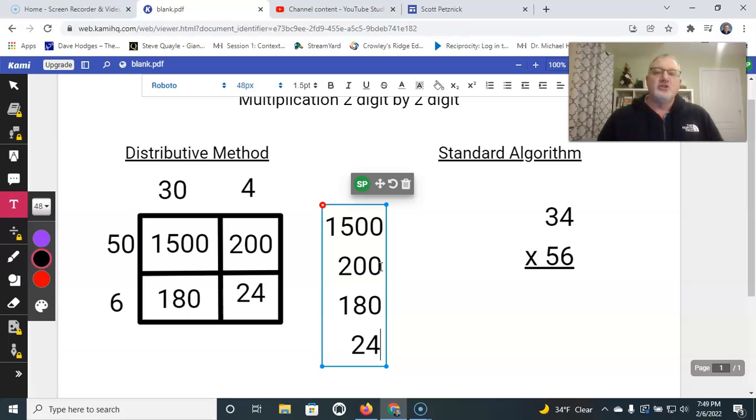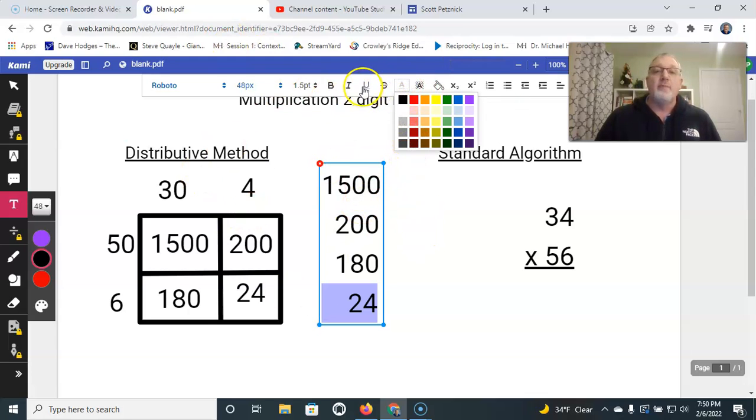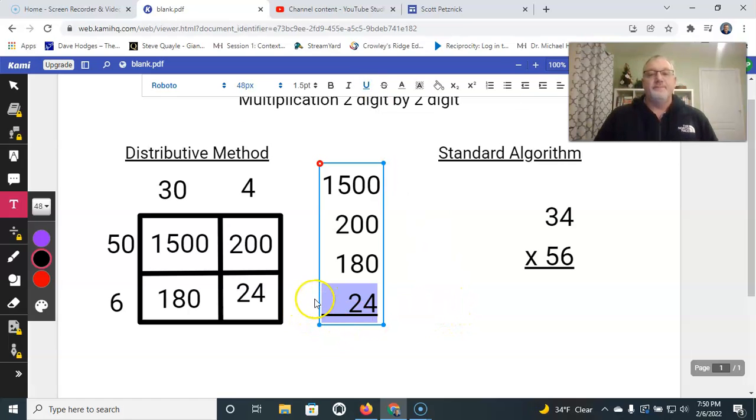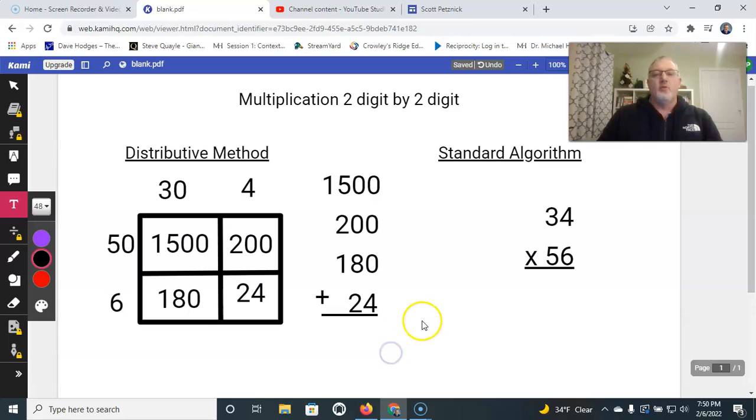If they go from largest to smallest, they tend to do a lot better of not making mistakes. And that's what we're all about here. We're all about making sure that we don't make silly errors, okay? So now all we have to do is get our addition symbol in there, and we're good to go.